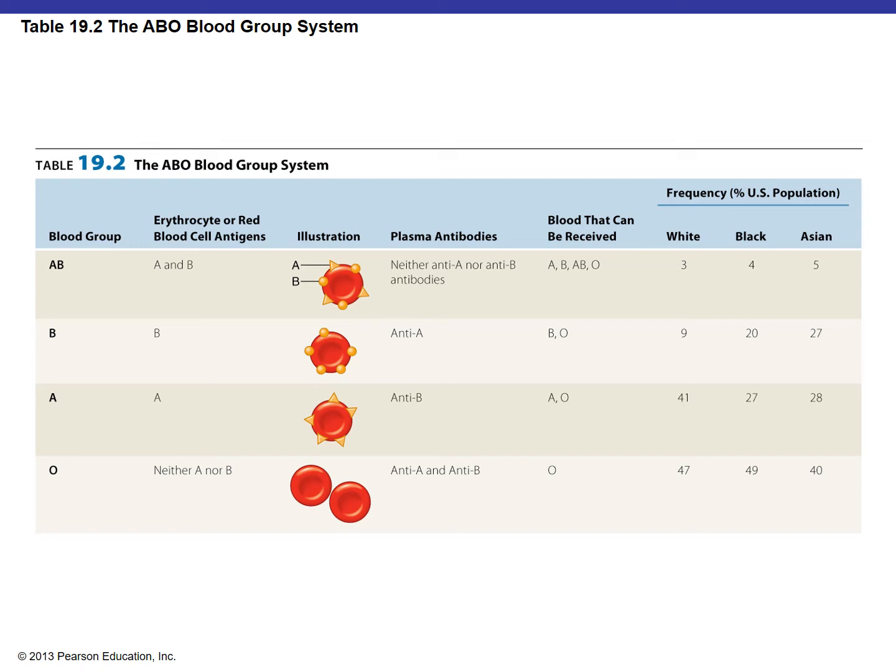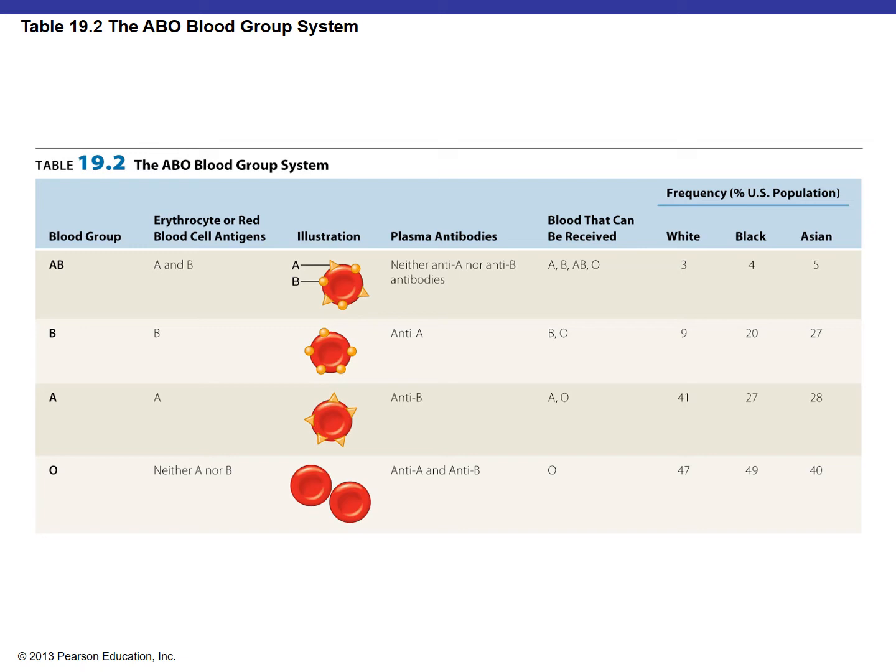And since you don't have any anti-A or anti-B antibodies in blood type AB, that's not going to attack the O red blood cells either. And while we're on blood group AB, since they don't have any anti-A or anti-B antibodies, they can receive blood from all of the different groups.